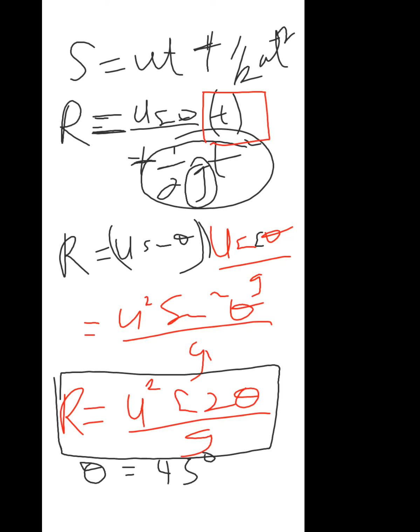So maximum range, I will write it on the next slide. So Rm or R max will now be equal to u square over g.